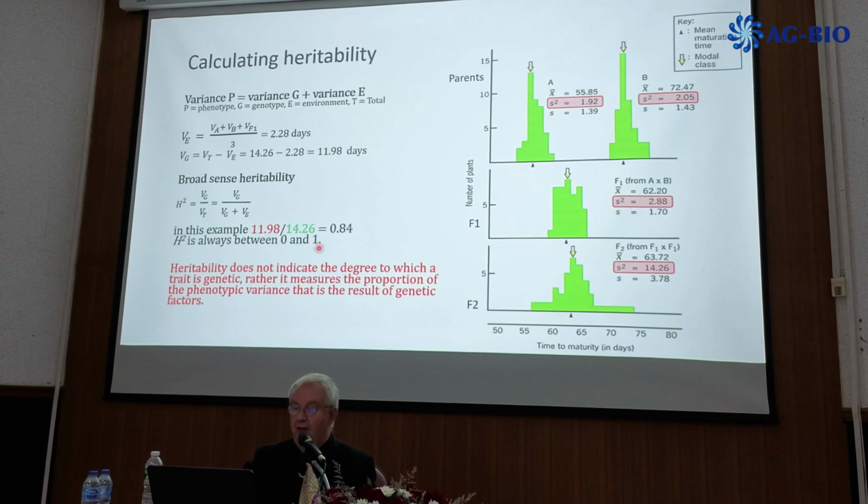And you see a value of 0.84. That means that the broad sense heritability has a strong genetical component. It is always between 0 and 1. Heritability does not indicate the degree to which a trait is genetic. Rather, it measures the proportion of the phenotype variance that is the result of genetic factors.